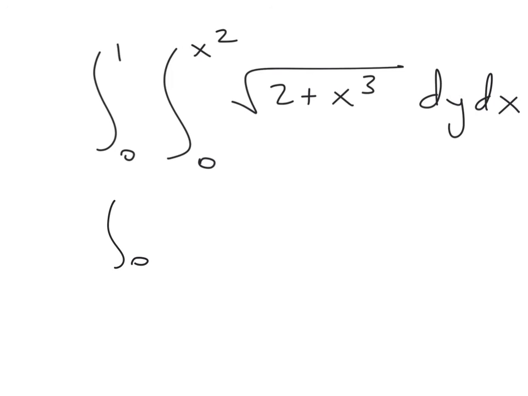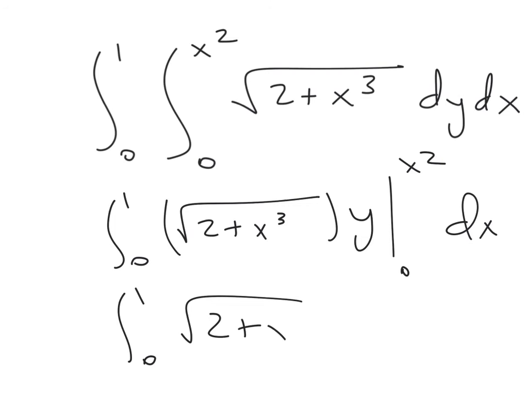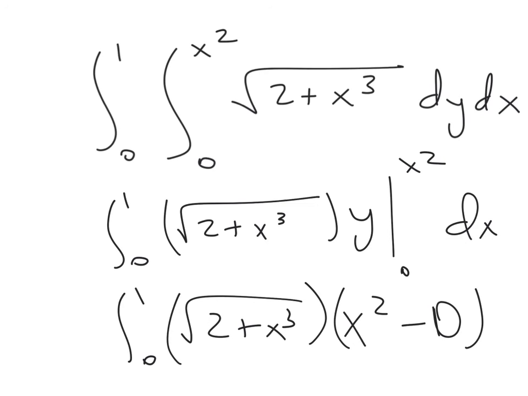So we have the integral from 0 to 1. And then we have the square root of 2 plus x cubed, which was constant for the purpose of this integration, times y from y equals 0 to y equals x squared. And so plugging in the x squared and the 0, we get the integral from 0 to 1 of the square root of 2 plus x cubed times x squared minus 0.